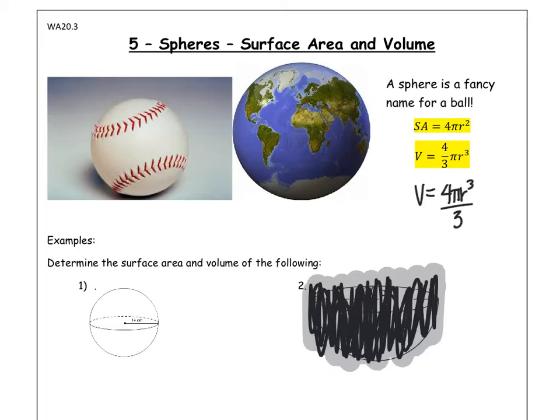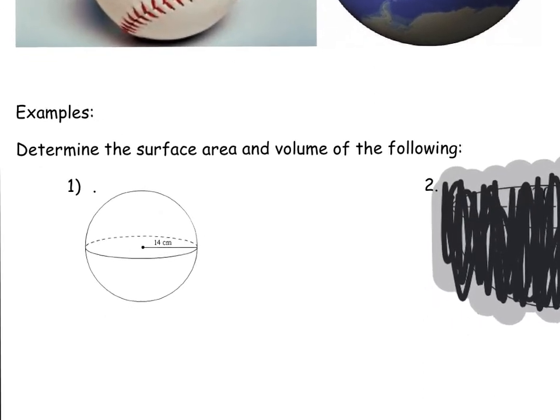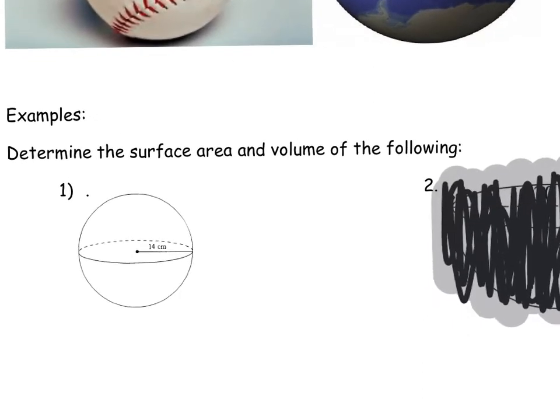Okay, so we're going to take a peek at an example here. We're going to find the surface area and volume of this sphere. My formula for surface area is 4 pi r squared. The radius in this case is, of course, you can see, 14 centimeters. So I'm going to substitute that into my formula, 4 times pi times 14 squared.